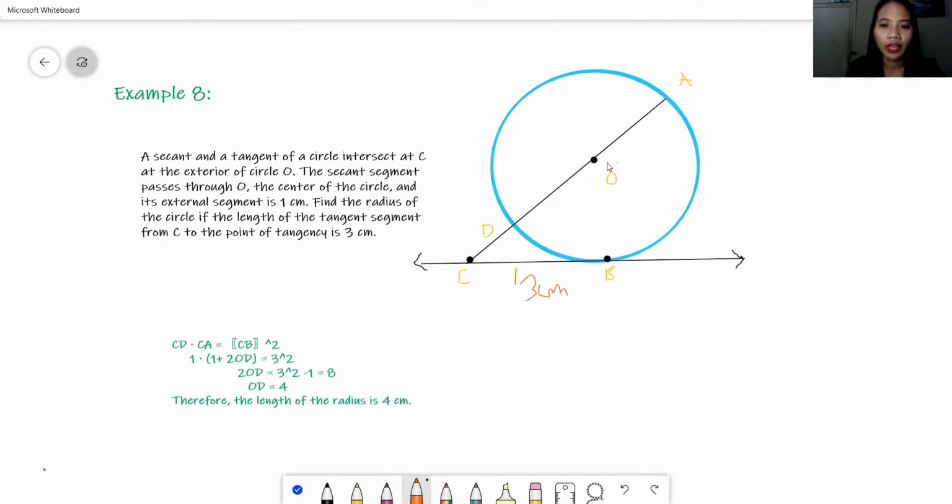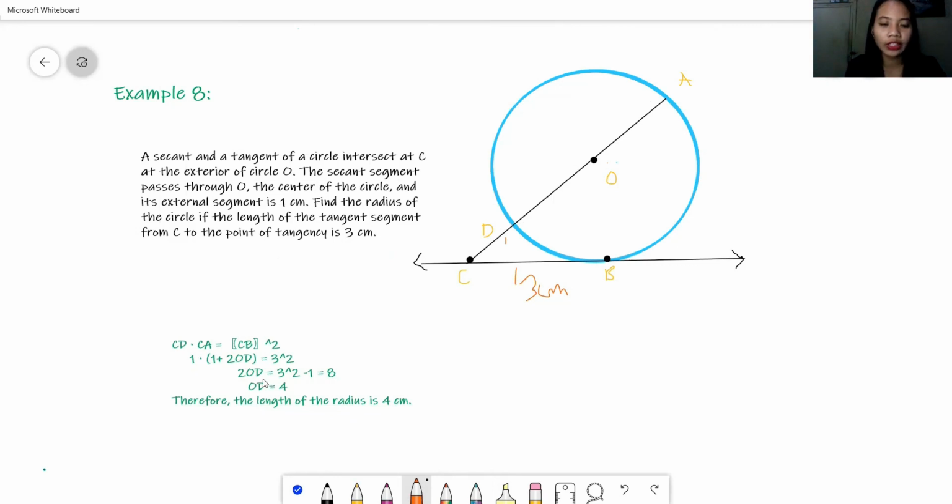Now, let us find the radius. And we have the given CD, which is 1. Since our CA is composed of line CD and then line AD. So, let us plug in 1 here as the value of CD times 1 plus 2 OD is equal to 3 squared. So, 1 times 1 is 1. 1 times 2 OD is 2 OD.